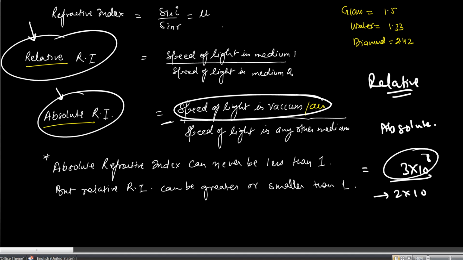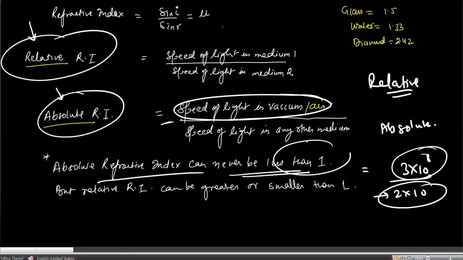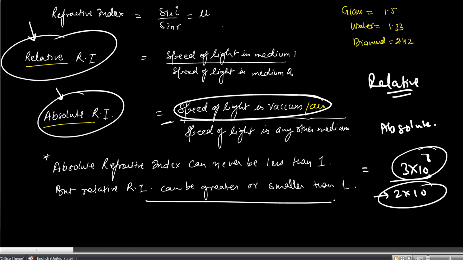Instead of vacuum, in any other medium in the universe, whether glass or water, the light has lesser speed. So when the numerator is greater than the denominator, the value will always be greater than 1. So absolute refractive index is never less than 1. It will always be greater than 1.